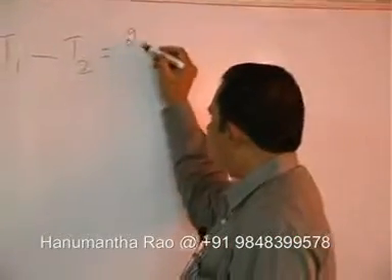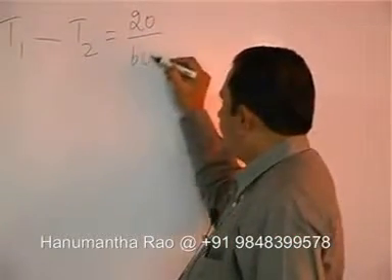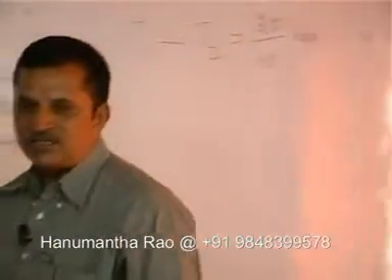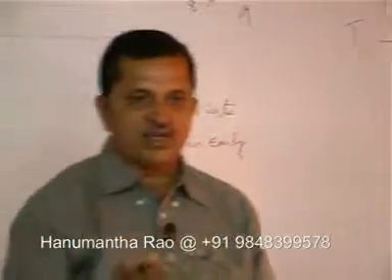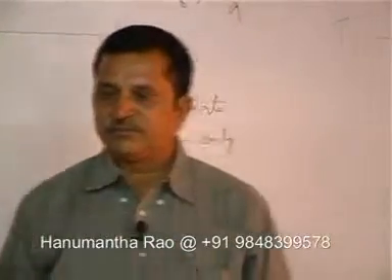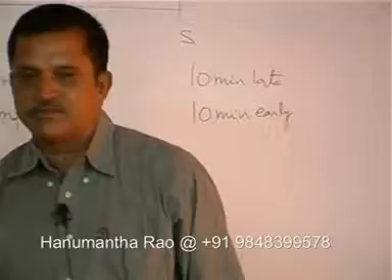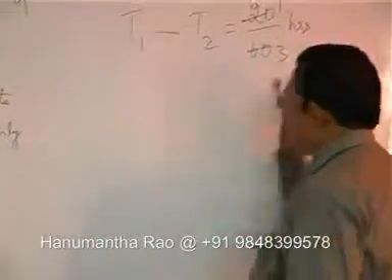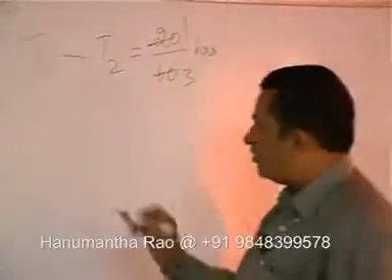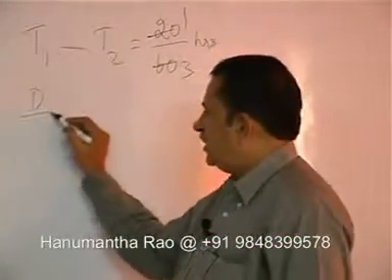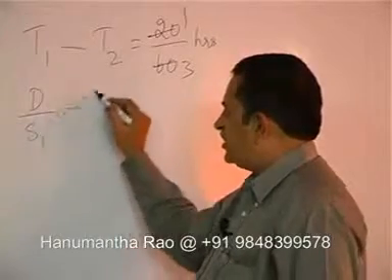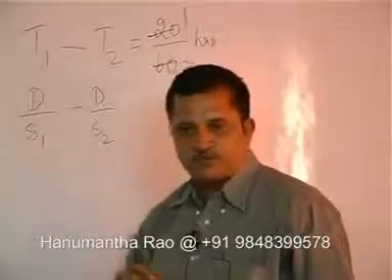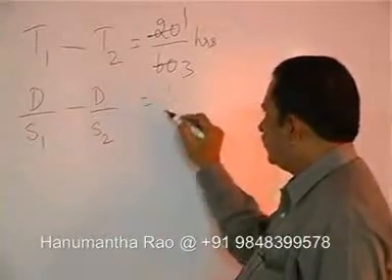20 minutes, I will put it in hours, 20 by 60 hours. Because we usually mention the distances of schools and colleges in kilometers. 20 by 60 hours. That is 1 by 3. The formula for time is distance by speed.